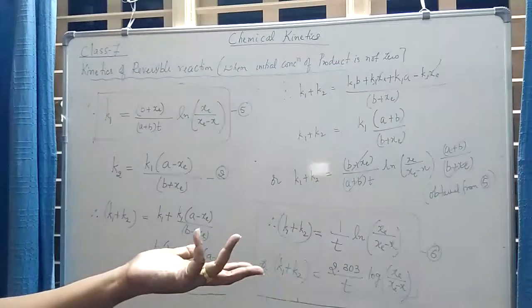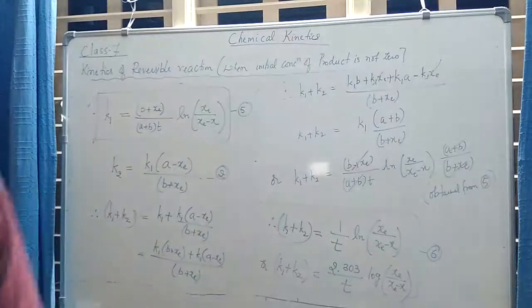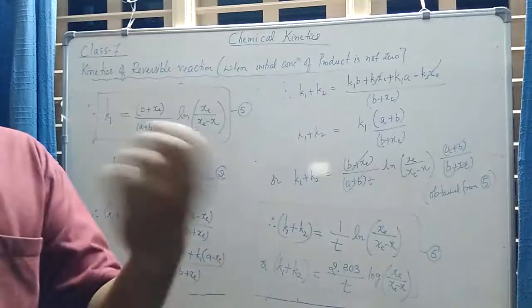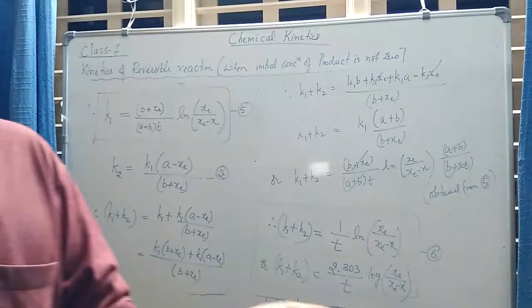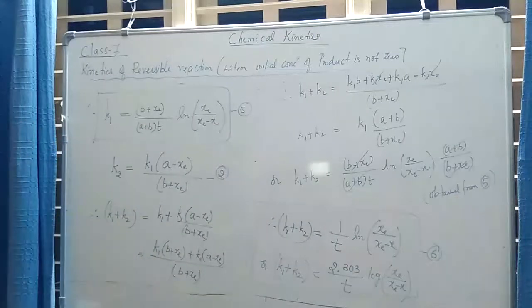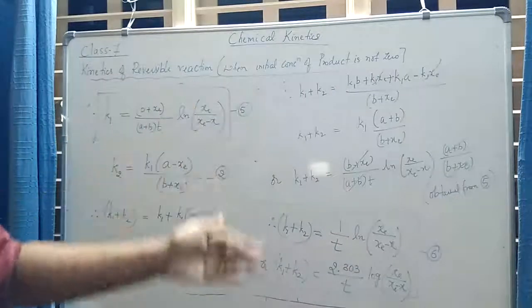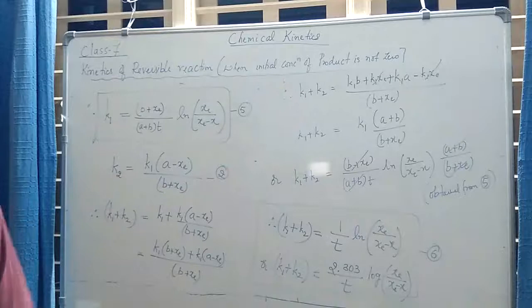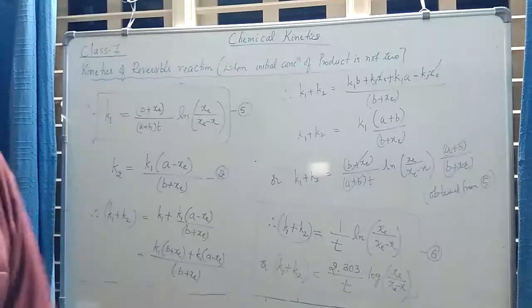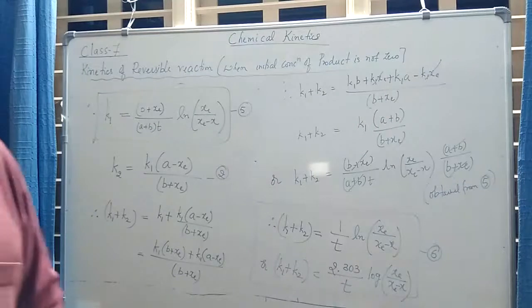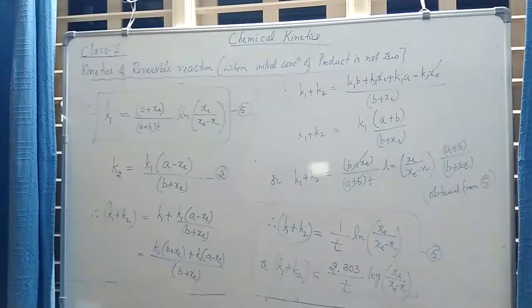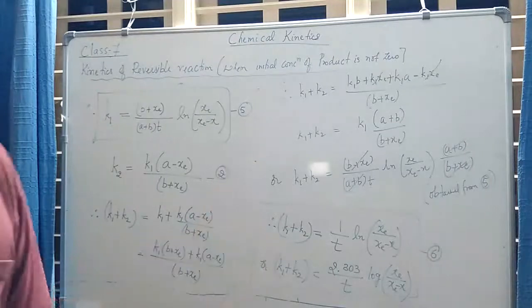Okay, for example, a second order forward reaction opposed by a first order backward reaction, or a second order forward reaction opposed by a second order backward reaction. Okay, by using a similar mathematical approach, you can derive expression for rate constants and rate of the reaction. But though the derivations are straightforward, they will be a bit complicated compared to this case. So we will stick on to these very simple examples.